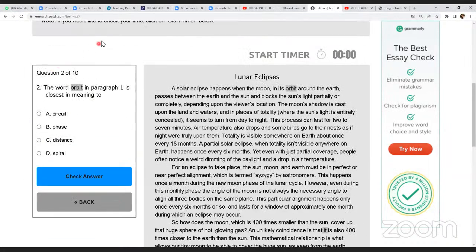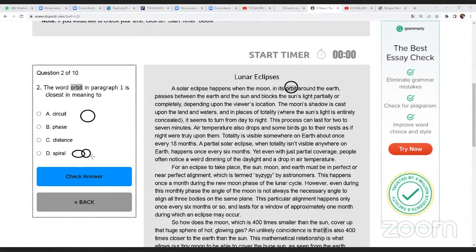Let's continue with the next one. The word orbit in paragraph 1 is closest in meaning to A, circuit, B, base, C, distance, or D, spiral. What do you think? Face. I don't think so. Spiral.